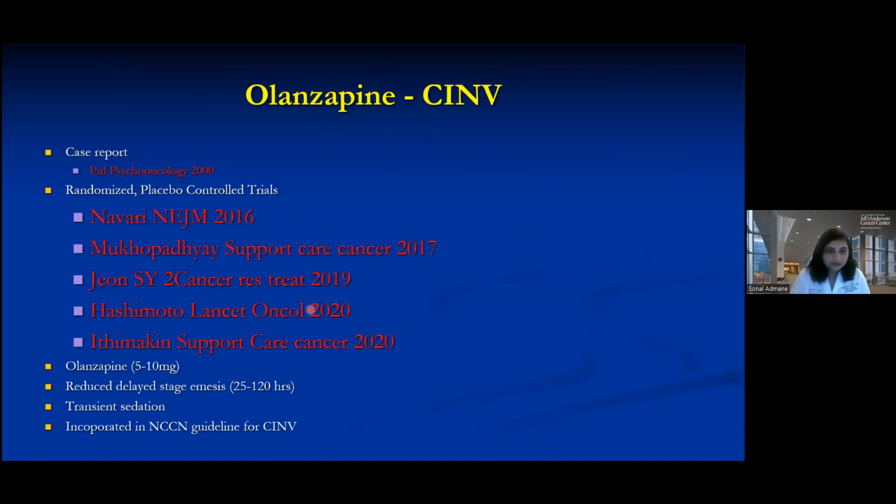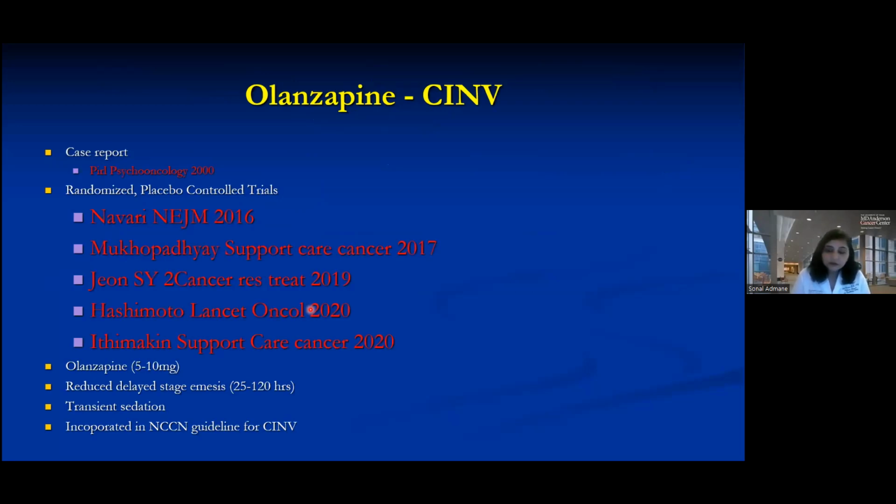So this is a list of evidence that we have for olanzapine and chemotherapy-induced nausea and vomiting, and we have randomized placebo-controlled trials. And then the Korean group compared olanzapine to serotonin antagonists and found more benefit from olanzapine.